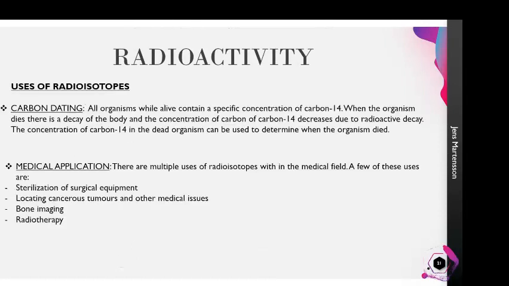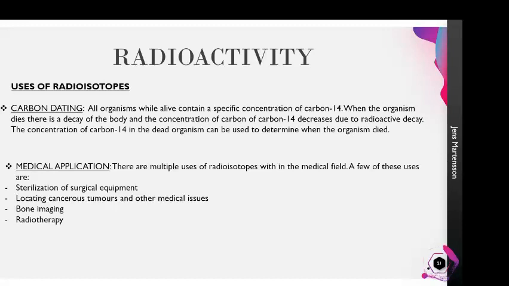So, radioactivity and uses of the radioisotope. There are many uses of radioisotopes, and these are just a few that I have put on the next 2 slides. There is carbon dating, where all organisms which are alive have a specific concentration of carbon-14.